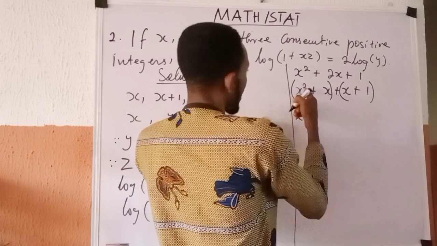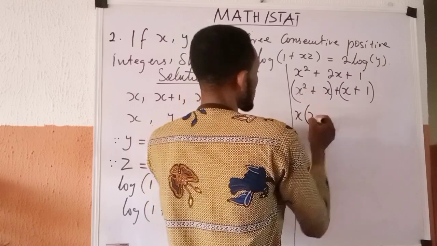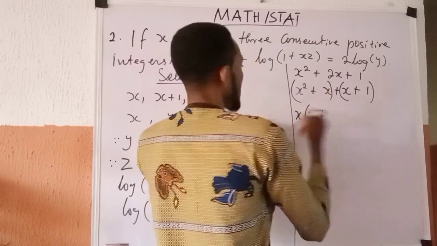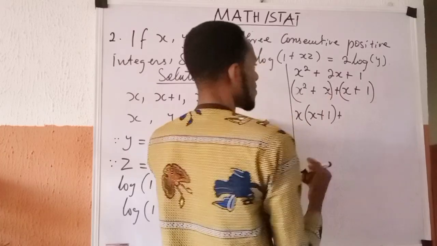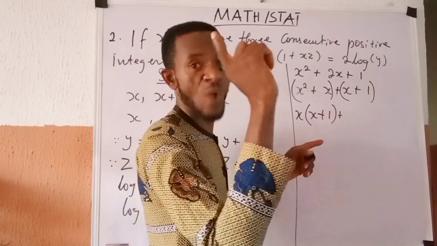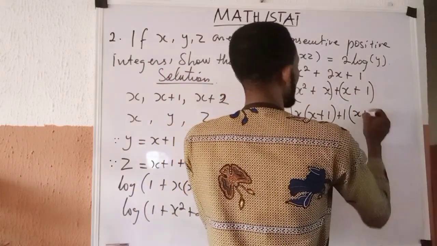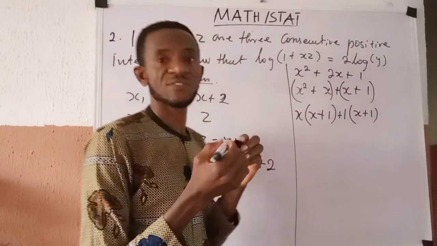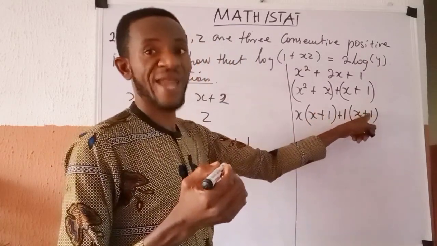If I have x raised to power 2 and x is already outside, what will be remaining is x plus, x divided by x is 1. Close it. Plus, which is here, the only thing that can go into x and into 1 without remainder is 1. So I have 1, open the bracket, here is x plus 1. Cover the brackets. So the two brackets are now the same thing, so I know I am in line.